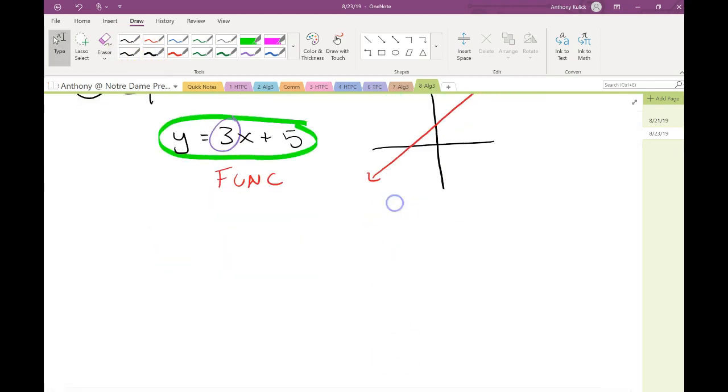Everybody okay with that idea? Okay. Let's look at another example. How about x squared plus y squared equals 4? Is this a function?